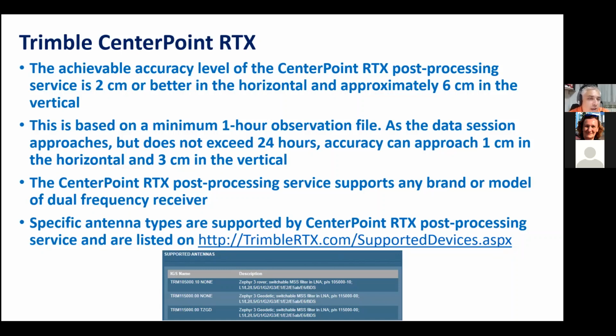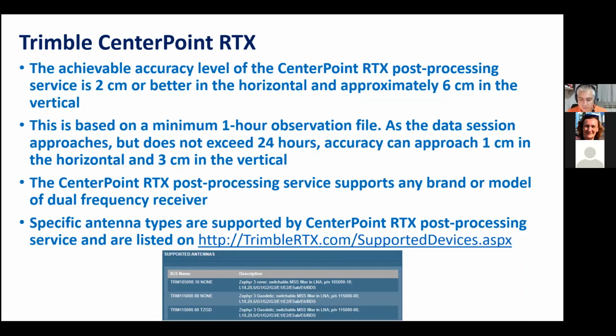This accuracy is based on a minimum of 1 hour of observation file. As the data session approaches, but does not exceed 24 hours, accuracy can approach 1 centimeter in the horizontal and 3 centimeters in the vertical.